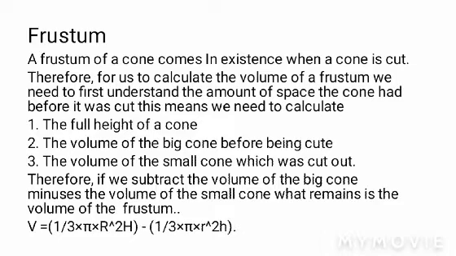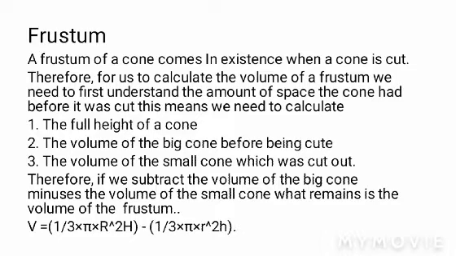This simply tells us that before we can calculate the volume of a frustum, we need to find out three things. Number one, the full height of the full cone before it was cut. Number two, the amount of space the big cone had before it was cut.